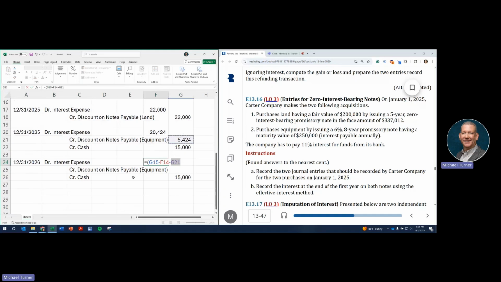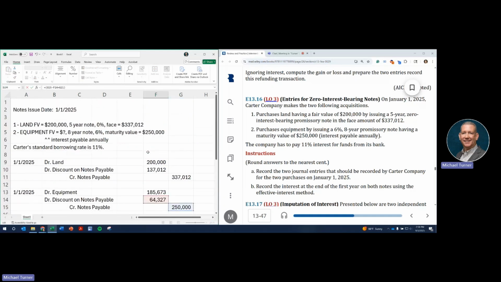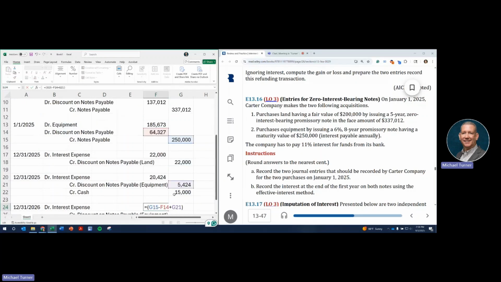Let me correct that, because that's actually going to be a plus. So I've got the original amount of the loan minus the original amount of the discount on notes payable, and I'm adjusting for whatever has already been amortized. So 5,424 of the 64 has already been amortized. So I'm really only looking at about 59,000.